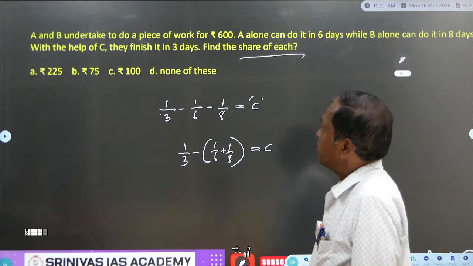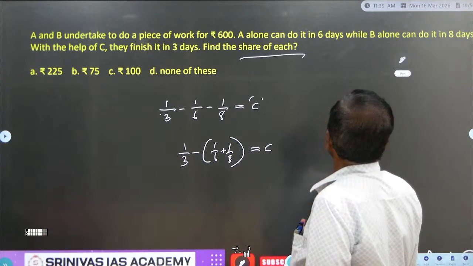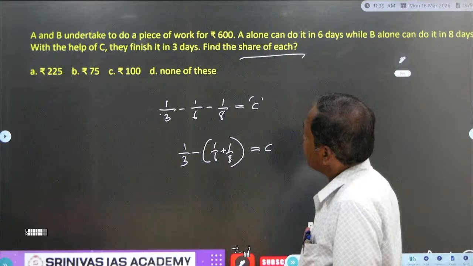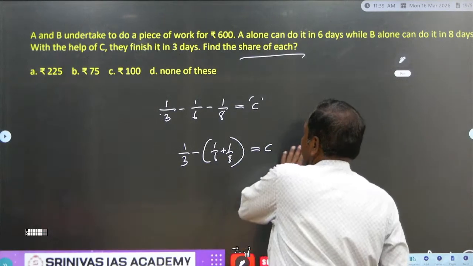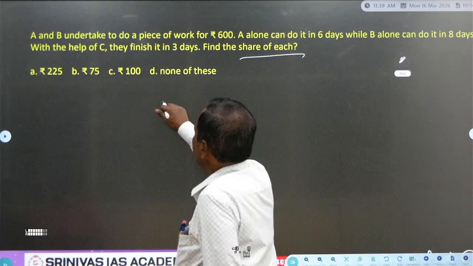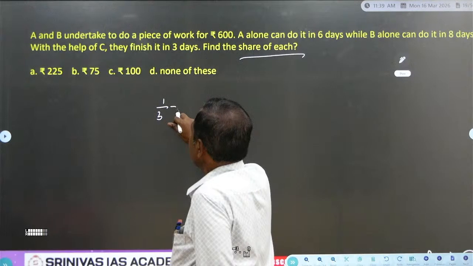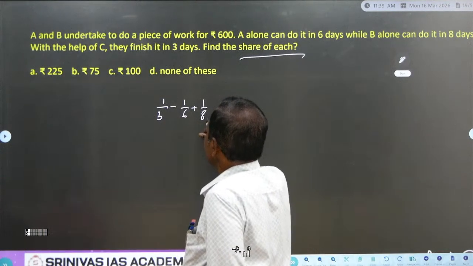A and B undertake to do a piece of work for rupees 600. A alone can do it in 6 days, B alone can do it in 8 days. With the help of C, they finish it in 3 days. Then you have to see the fraction of amount. So 1 by 3 minus 1 by 6 plus 1 by 8.